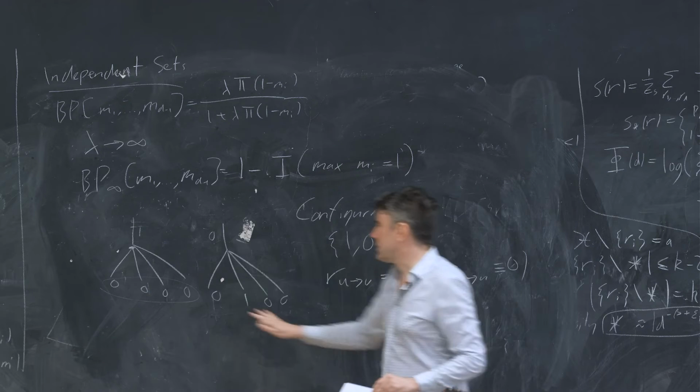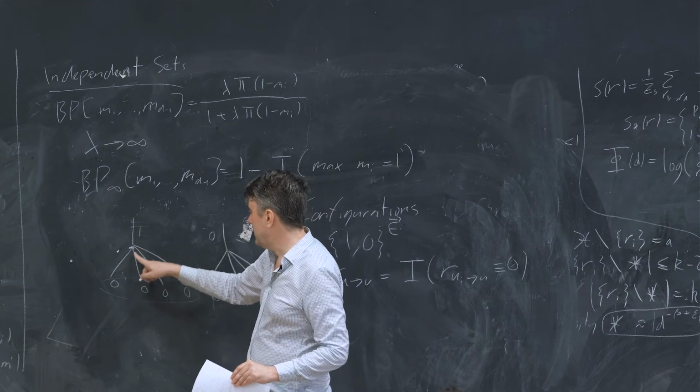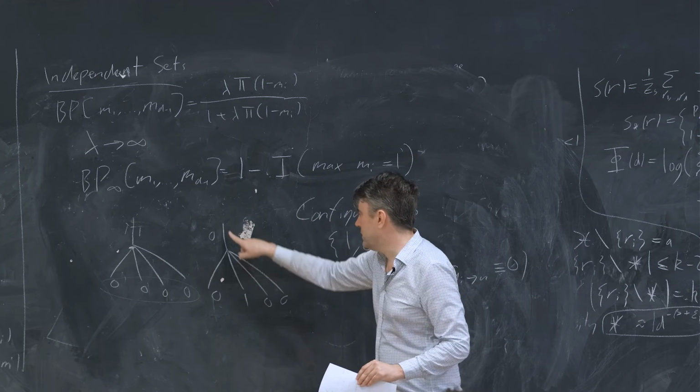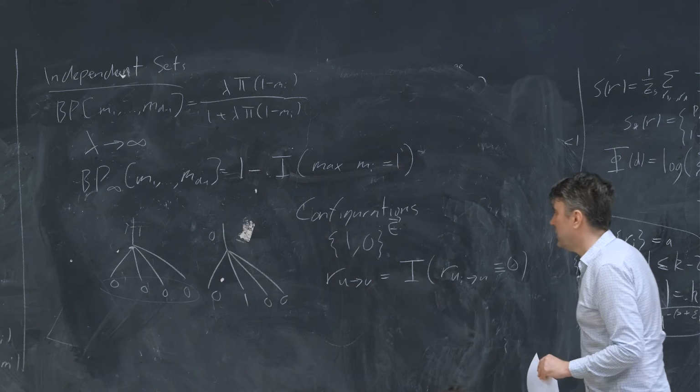So if all of the incoming messages are 0, then the outgoing message is a 1. If at least one of them is a 1, then the outgoing message is a 0.